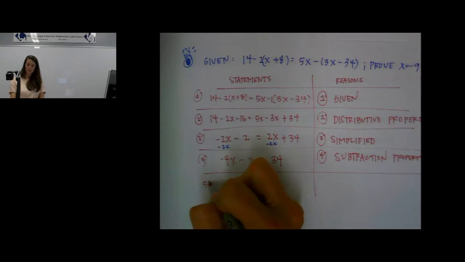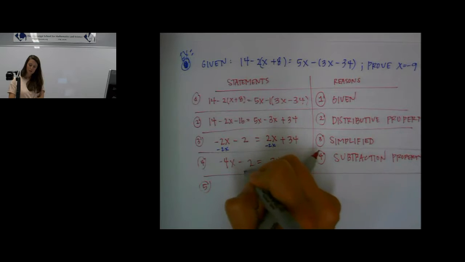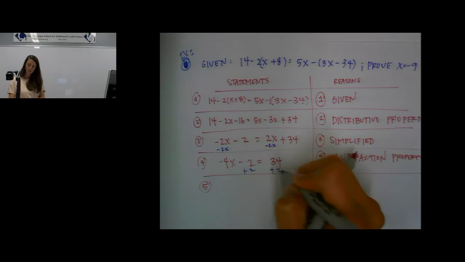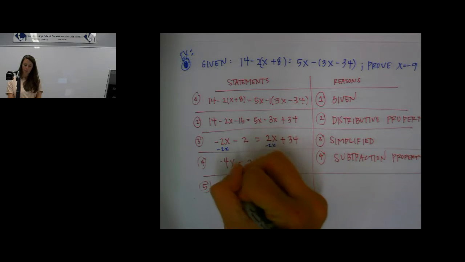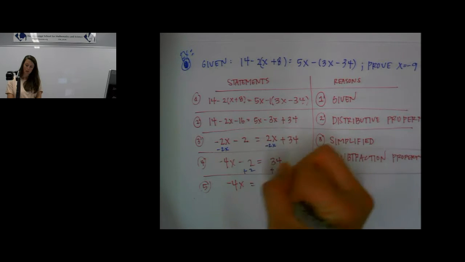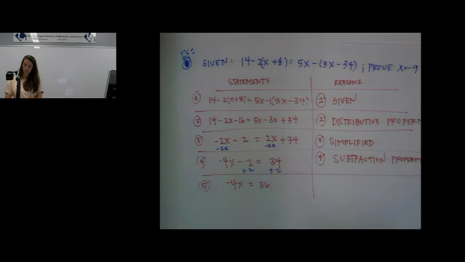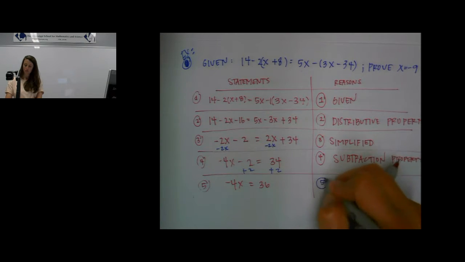The next step here is I am going to add 2 to both sides. So the property there is going to be the addition property. I'm going to write this in blue.